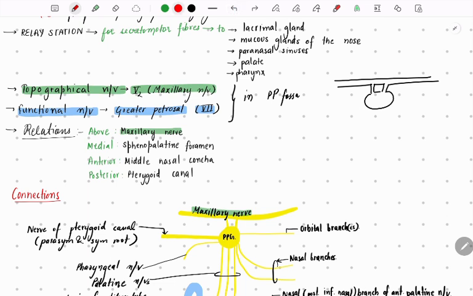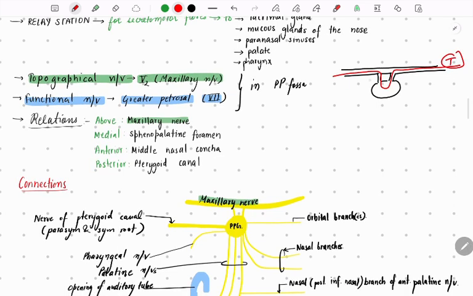See this nerve which goes like this and comes out just like that. It is known as the topographical nerve because it is just there, morphologically present, but it is not relaying in the ganglion. There is no use of the ganglion for this nerve. The functional nerve is one that comes and relays here. The nerve ends here.